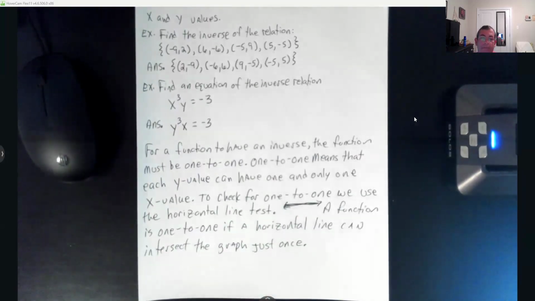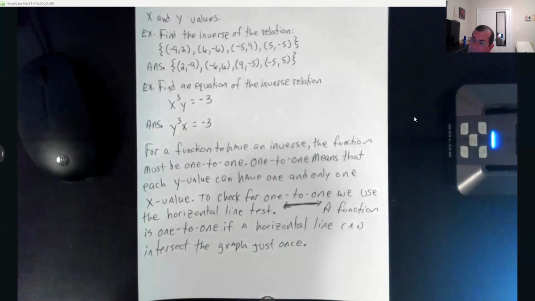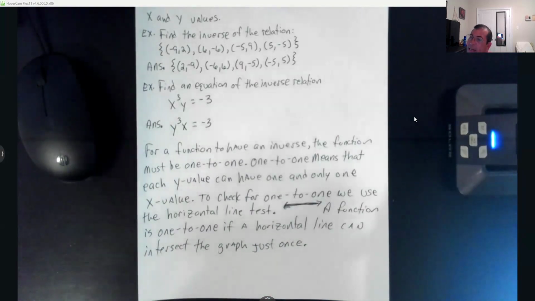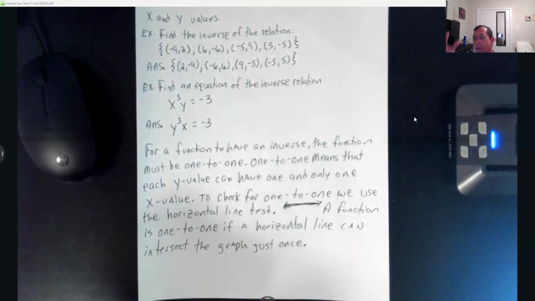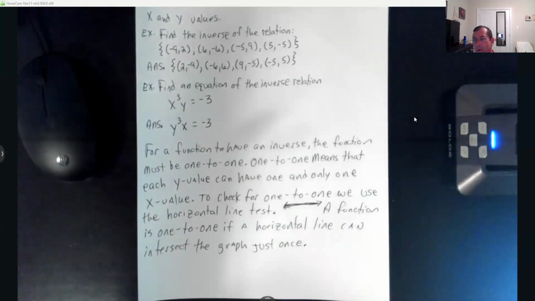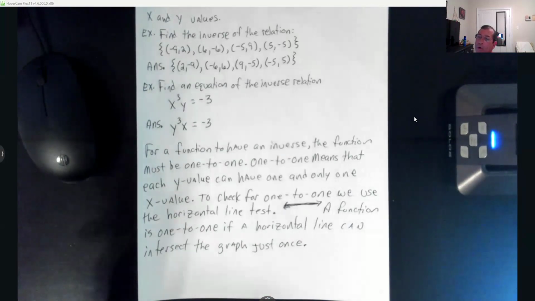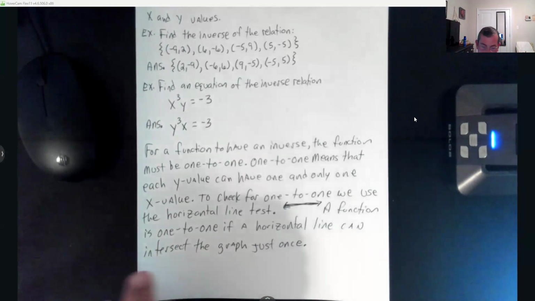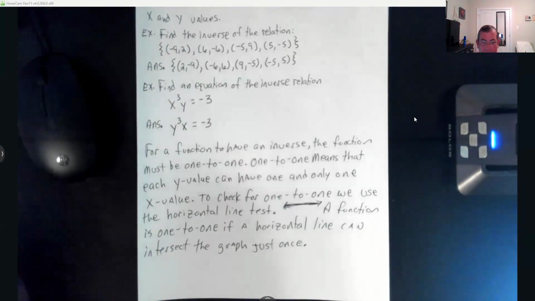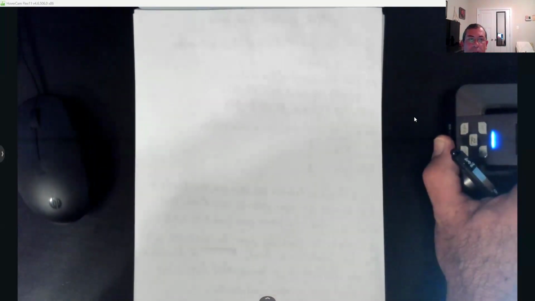Okay. If my horizontal line intersects that graph more than once, it's not 1-to-1. Same thing with the functions. The vertical line couldn't intersect the graph more than once for it to be a function. Same thing with the horizontal line, okay? So we're just going to play with this 1-to-1 stuff real quick.